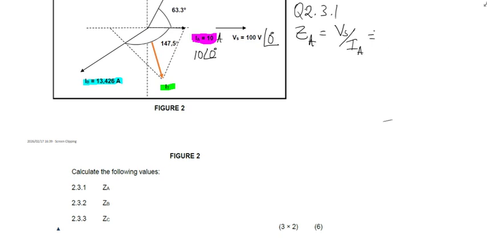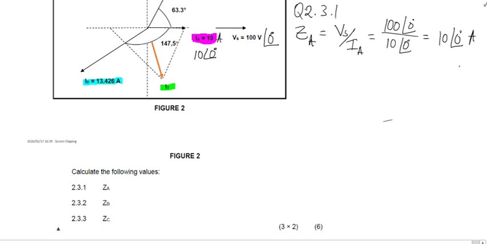That means we're going to have 100 at an angle of 0, divided by 10 at an angle of 0, which gives us 10 at an angle of 0. Not amps, sorry. It should be in ohms. Okay, that is ZA.